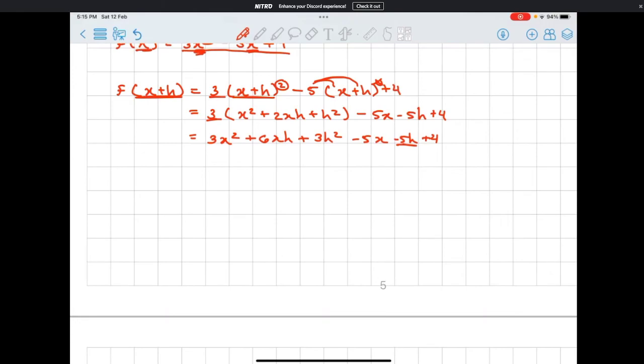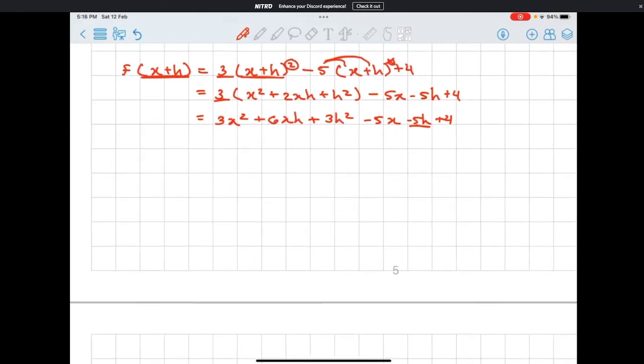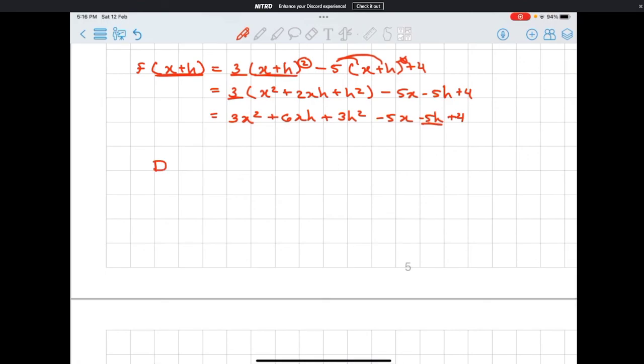So now that you have the value for f of x plus h, you want to take it into the difference quotient, okay? The difference quotient is equal to f of x plus h, which means that we need to write this entire expression here. So 3x squared plus 6xh plus 3h squared minus 5x minus 5h plus 4.